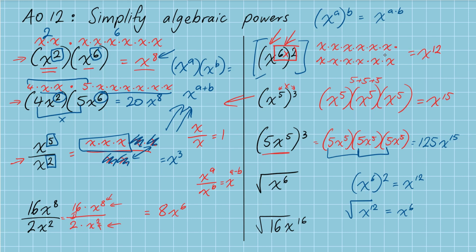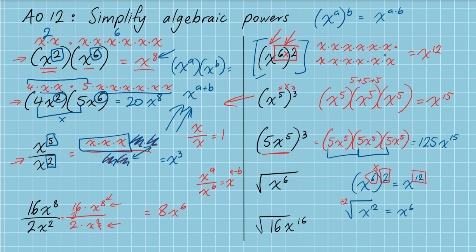So what we're kind of doing here is we're undoing what happened there. Now what happened there was we times that indice by 2. So what we're doing here is we're dividing that indice by 2. Does that make sense? So here we went 6 times 2 was 12.